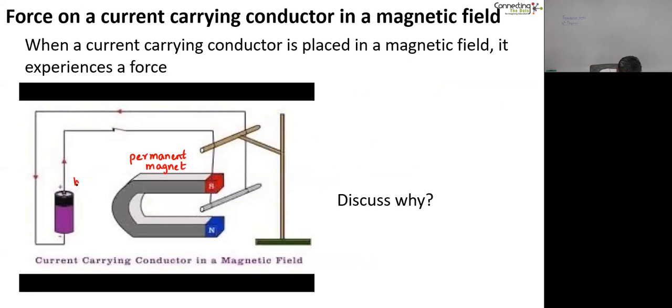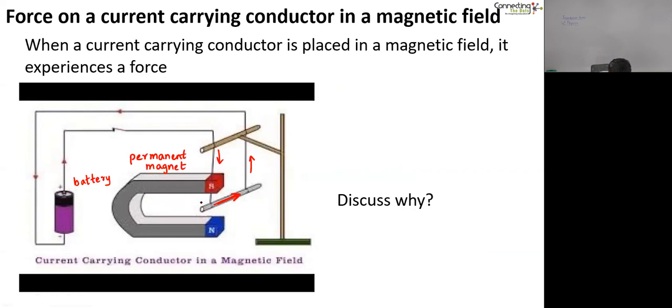And we have a battery here, and the wires from the battery are connected in this way to complete the circuit. So current is flowing through the conductor, which has been freely suspended. Now, where is this conductor freely suspended? It is inside a magnetic field. Inside which magnetic field? It is inside the magnetic field created by the permanent magnet.